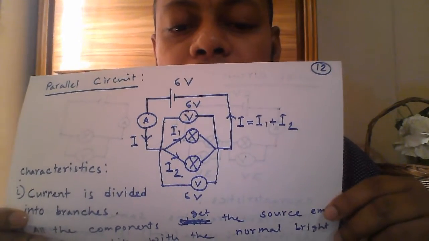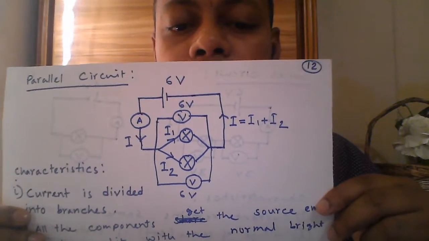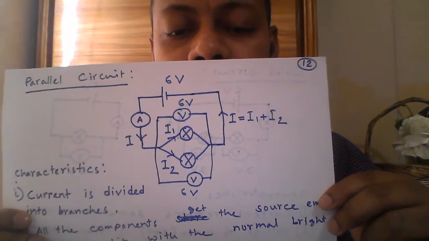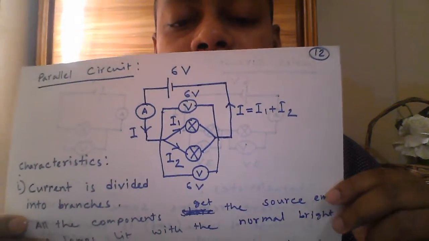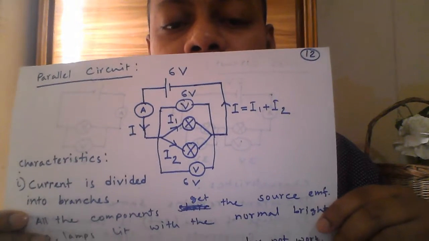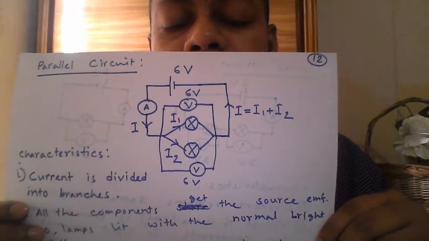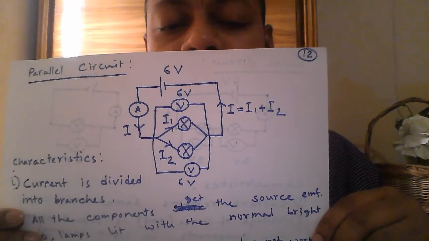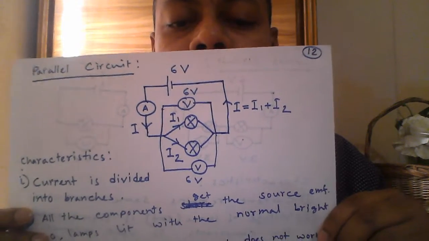So both the lamps are directly connected to the positive and negative terminal. That's why both the lamps will have the same voltage. That means if the source EMF is 6 volt, then both the lamps will get the same voltage, that is 6 volt and 6 volt.